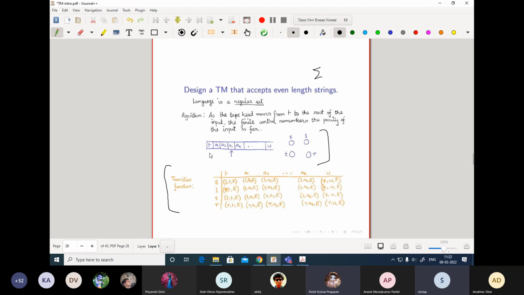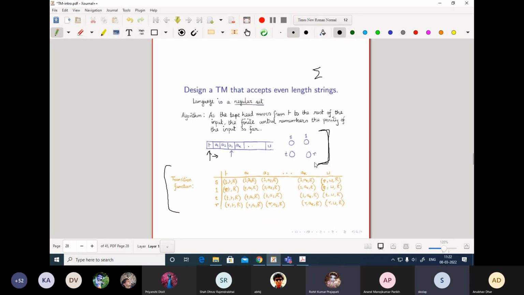Look at the tape head. It starts from the left hand marker, and it will just keep moving to the right. As we move to the right, we will be remembering the parity we've seen so far in the finite control.